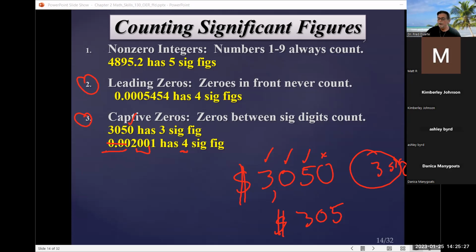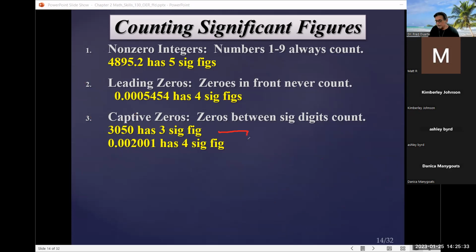Now, with those examples, if I were to do mathematics between these 2 numbers, let's just say we're going to multiply those 2 numbers, okay? The top number only has 3 sig figs.